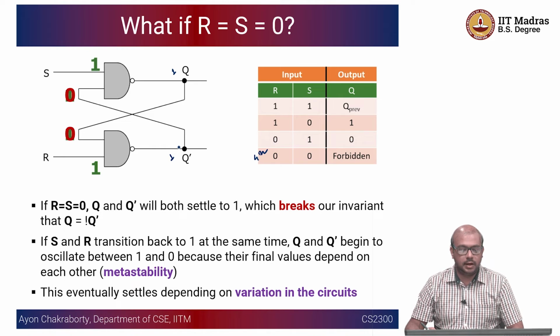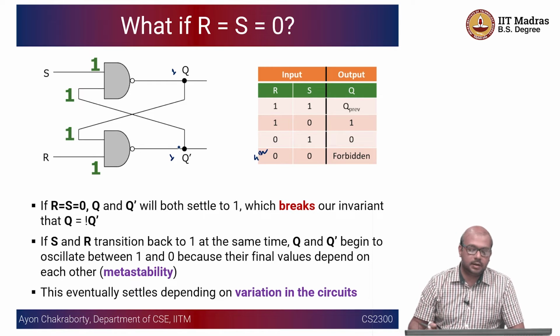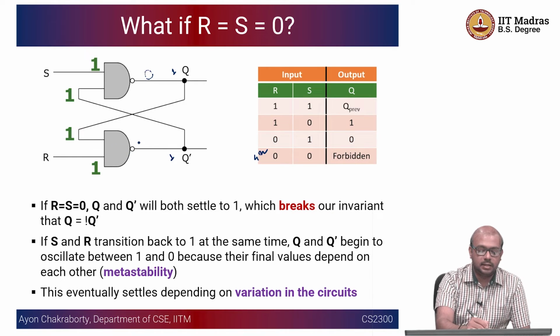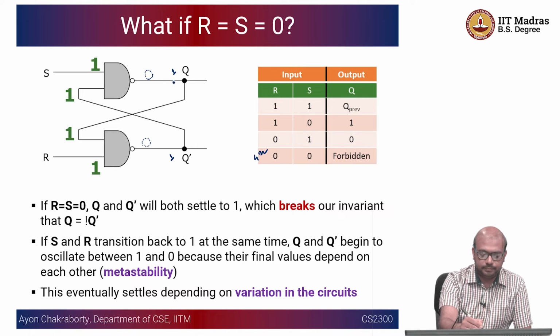So now this is going to be the case, because if both of them are 1, right, 1 and 1 is 1, and if you take a NAND of that, this is going to be 0, right? Similarly, if you take 1 and 1 here, the output here is again expected to be 0, right? This 0 comes here, and then 0 and 1 is going to be 0, right?